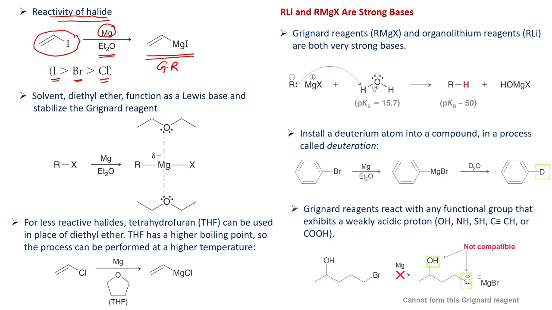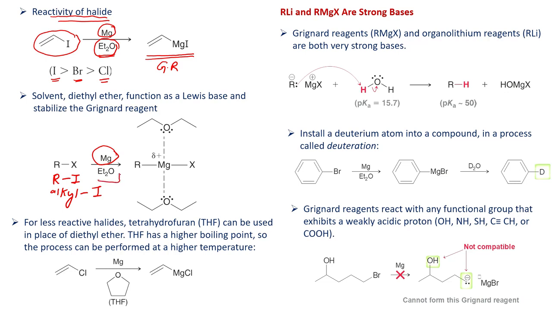So diethyl ether has its own role. And what is its role? Let's take an example when R is alkyl and halogen is iodine. When you treat with magnesium, this reaction happens very fast.